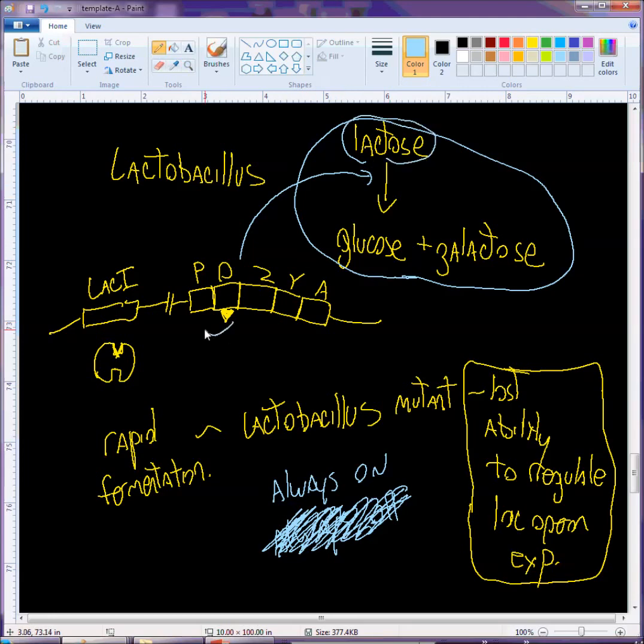This operon is always going to be on in the mutant. Beta-galactosidase, LAC-Z, which is needed to turn lactose into glucose and galactose, is always going to be expressed. And yeah, so it's going to make this bacteria much better at fermenting, and it's going to make it ferment much more rapidly. So we're going to consider that in this mutant, the lac operon is always on.